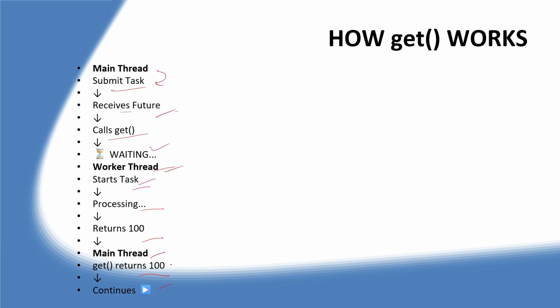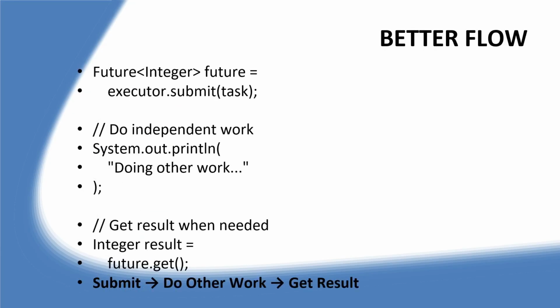So Future gives us access to a result that may become available later, and get is how we retrieve that result, potentially waiting if necessary. This is the flow of the get method.